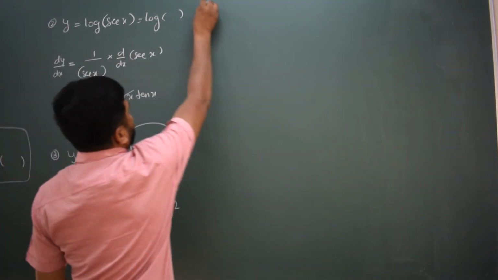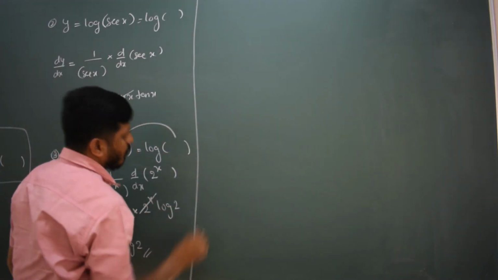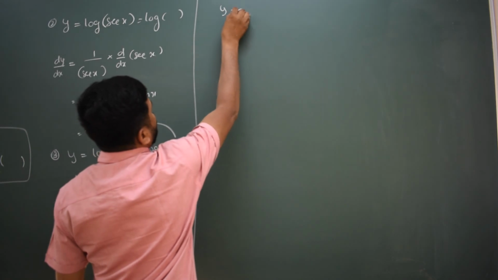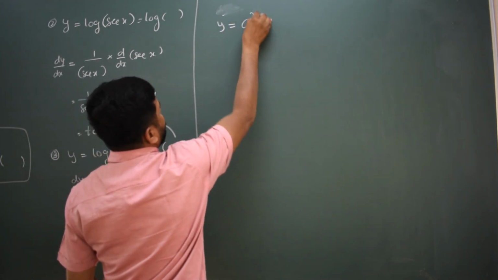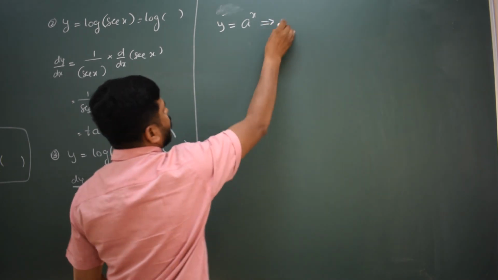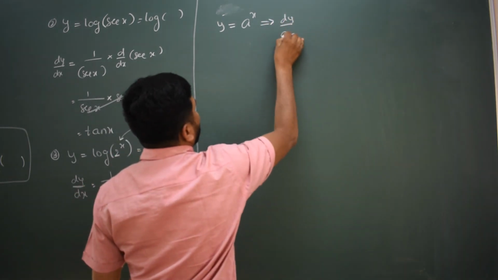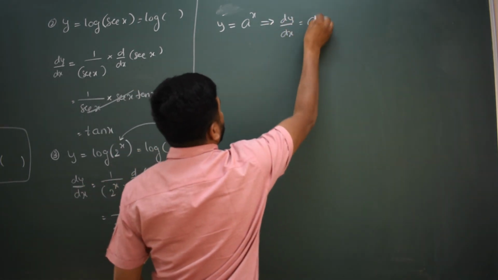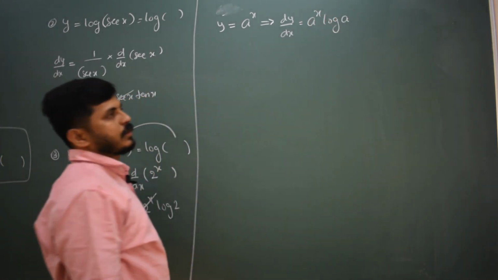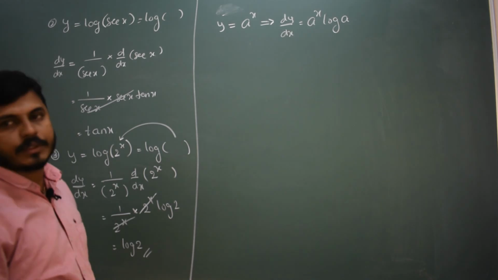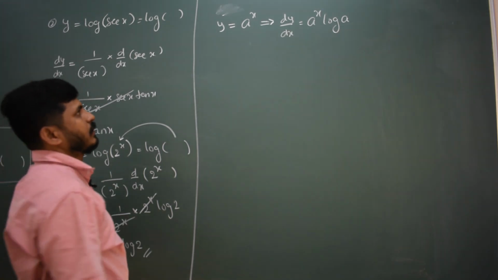Next formula is y is equal to a raised to x. What is the a raised to x differentiation? dy by dx is equal to a raised to x into log a. Any constant raised to x is constant raised to x into log of that constant.